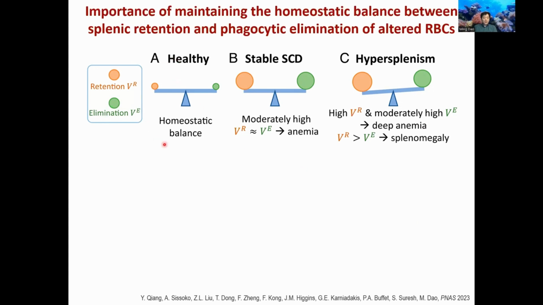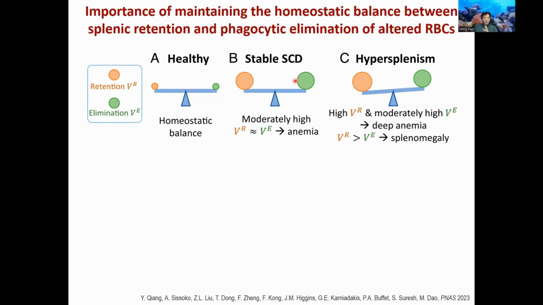Under healthy conditions, the retention by the slits or macrophages versus the elimination speed can be balanced, because very few bad cells are being retained, and this small number of bad cells can be taken out quickly. So they will maintain balance. The spleen slits remain open and the red cells flow through, no problem.